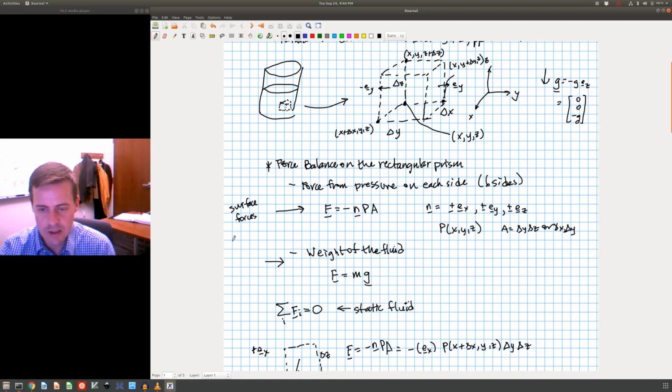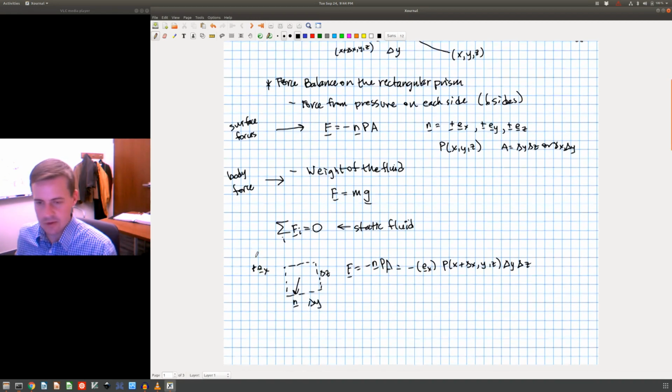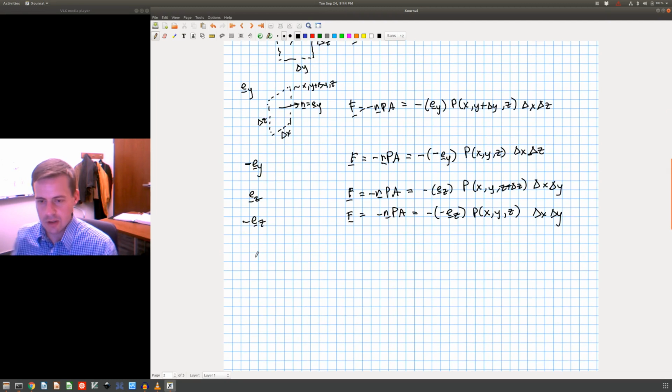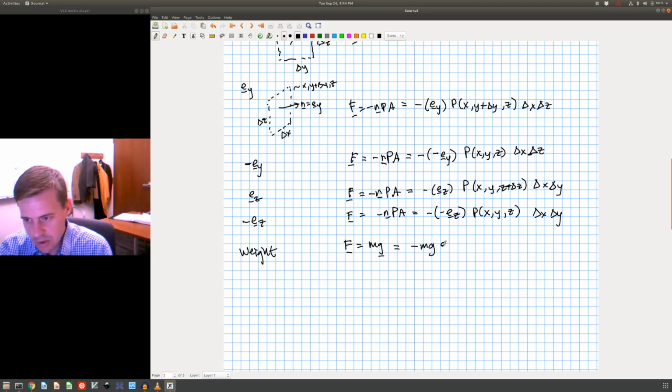This weight here is called a body force. It acts on the entire body. So now I need to get the weight of the fluid. I'm going to make a little note of that down here. Weight. Okay, so this is F equals mg, which I said was minus mg e_z.